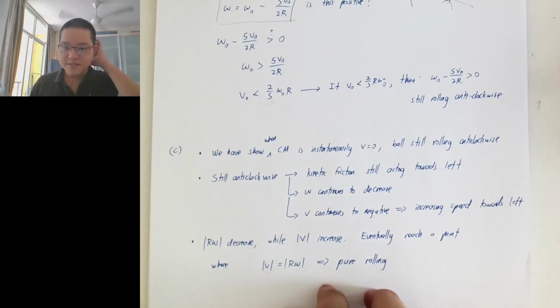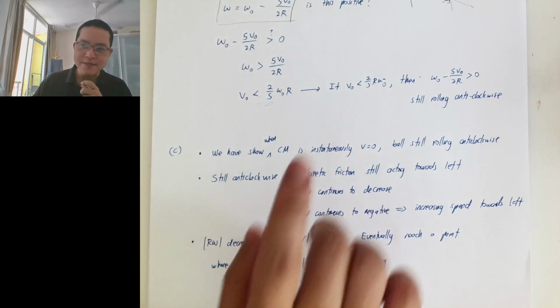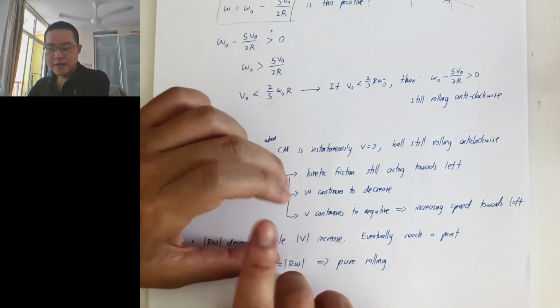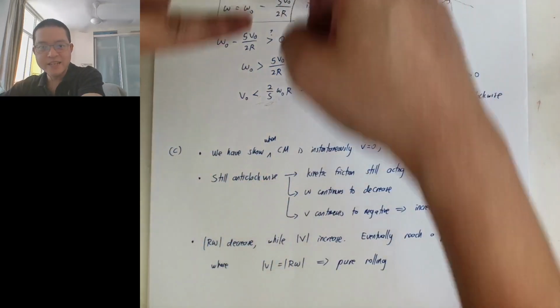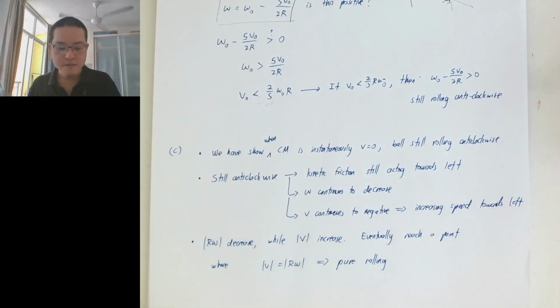Can you imagine this situation? I think it was Zuru who mentioned that as a kid you can play spinning the coin. If you push the coin the correct way, it will spin to the front a bit and then it will continue to go backwards. So this is the situation over here.